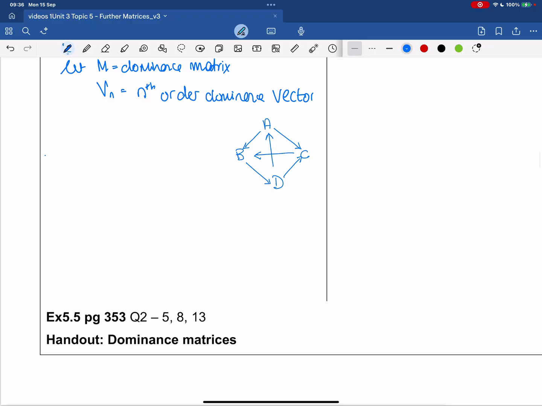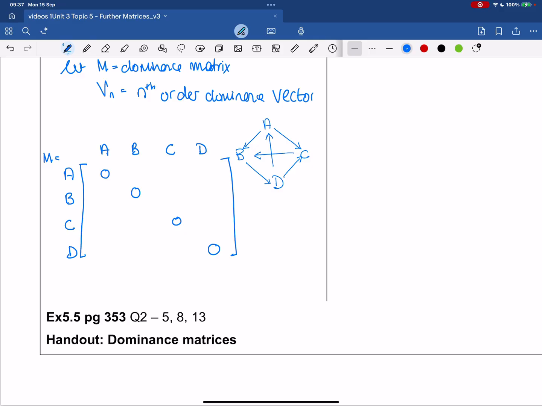All right, so we've got that M is equal to, and hopefully you remember that you're going to put your A, B, C, and D and A, B, C, and D on both of your headings for your rows and columns. And you hopefully also remember that a person can't be dominant over itself. So it means that you have the primary diagonal with all zeros.